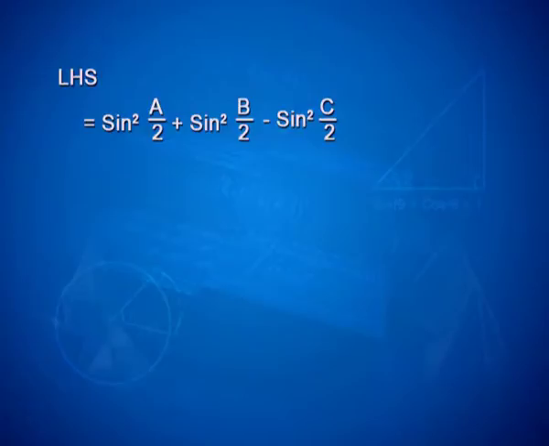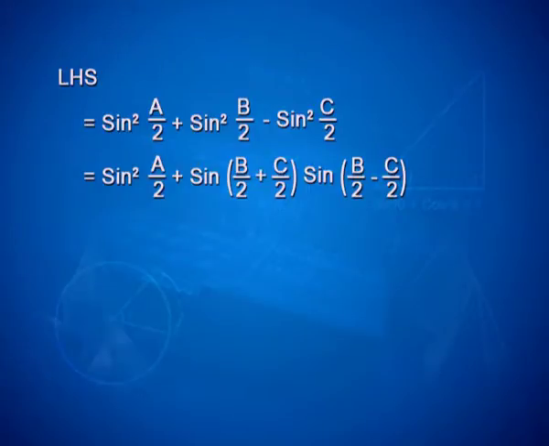Now, considering the LHS as sin square a upon 2 plus sin square b upon 2 minus sin square c upon 2, we can simplify this as sin square a upon 2 plus sin of b upon 2 plus c upon 2 into sin of b upon 2 minus c upon 2.